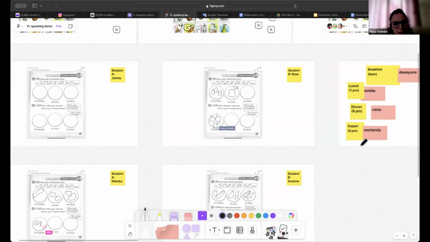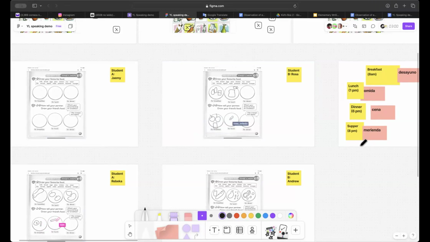I like a sandwich and a cup of coffee. What's your favorite food for lunch? My favorite food for lunch are eggs and orange juice.